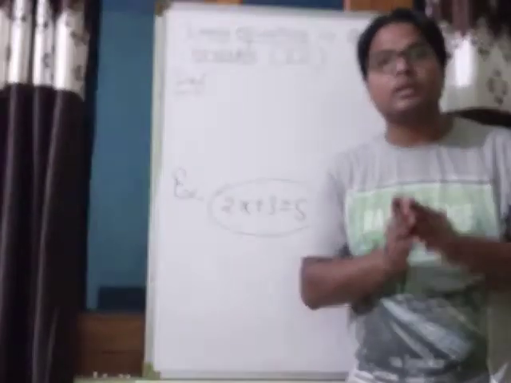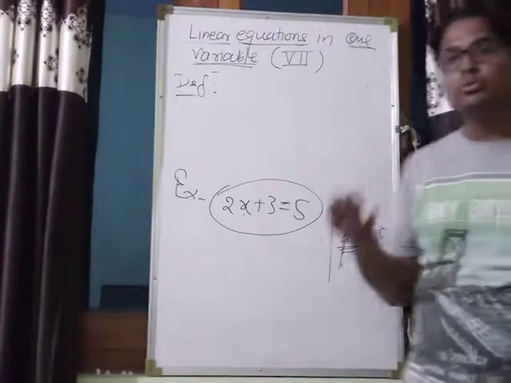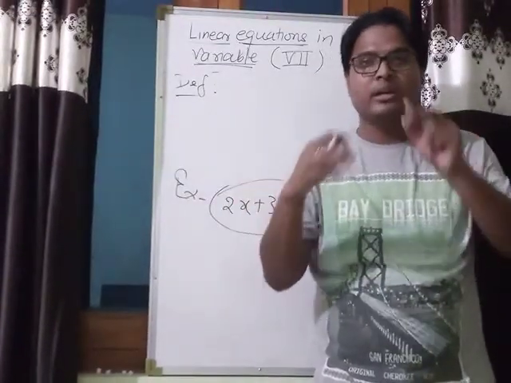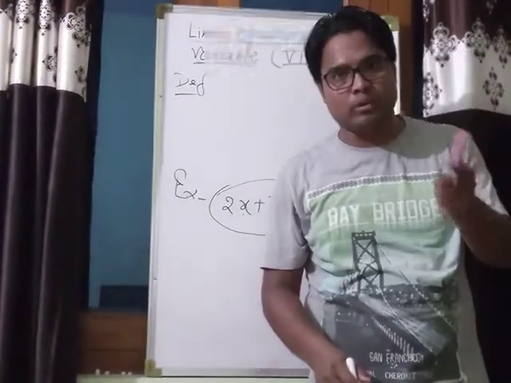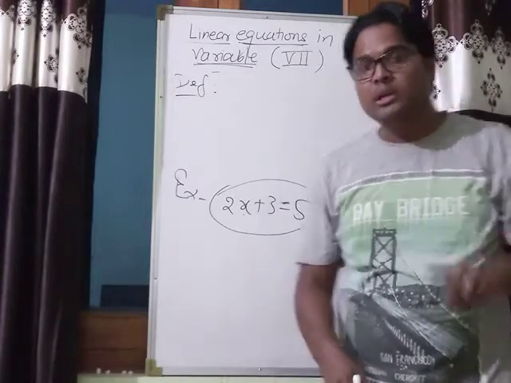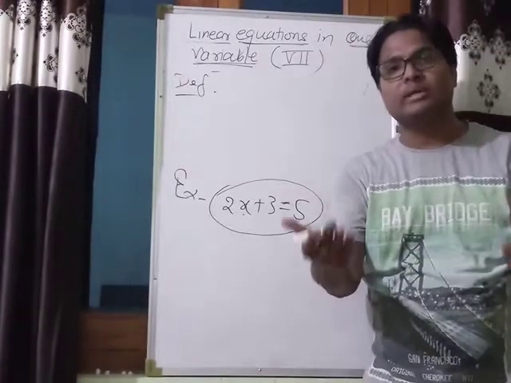So this is not linear. Actually, in any polynomial if the highest power of the variable is 2, that is called quadratic polynomial. Degree 2, quadratic polynomial. Okay? So this equation is quadratic equation.